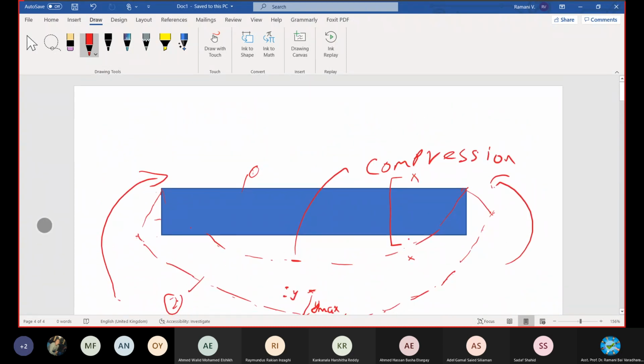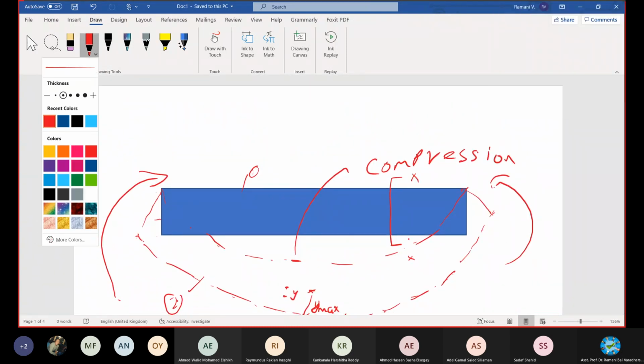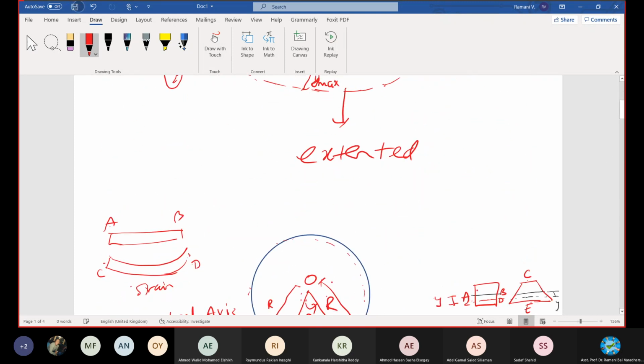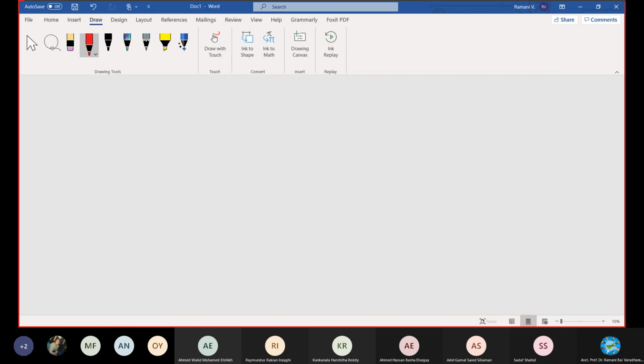By using simple mathematics, you can solve the flexural or bending equation. I stop here. If you have any question, you can ask me. In the next class we do some calculations based on that. Derivations are important to understand how you can analyze the member.